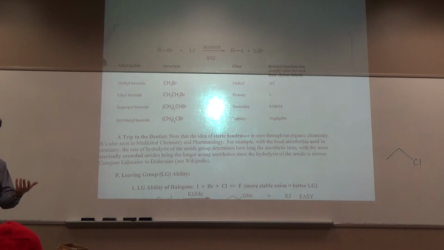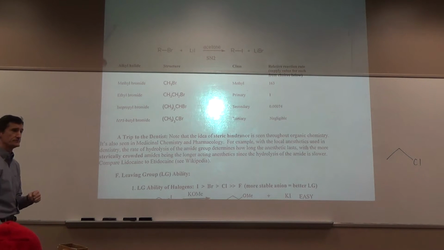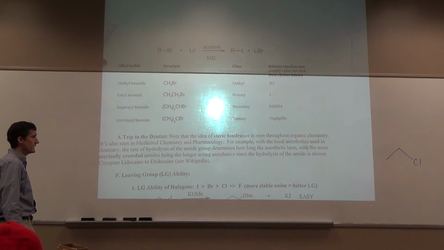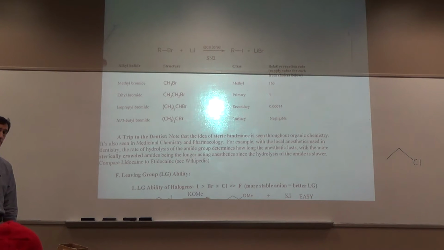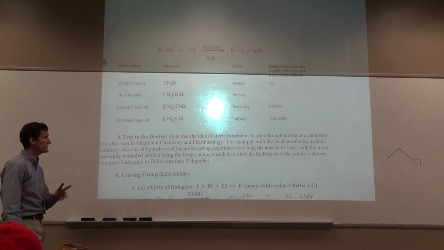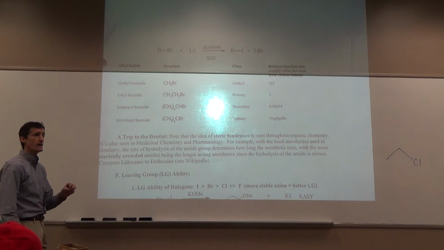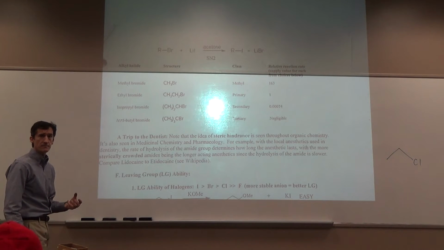Well, the anesthetic lasts until it gets metabolized. Once it gets metabolized by the body, the effect goes away. So it's really based on how quickly they're metabolized. Well, the metabolism is governed by sterics. Now you can look at the structure and the chemistry. The chemistry is actually organic 2 chemistry, but it's governed largely by sterics.